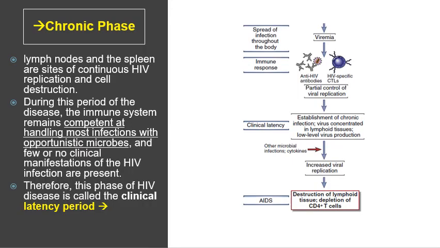After the infection of more T helper cells, macrophages, and dendritic cells, this leads to a big spike in HIV replication and the amount of virus found in the patient's blood.